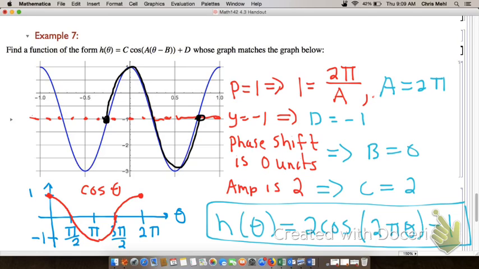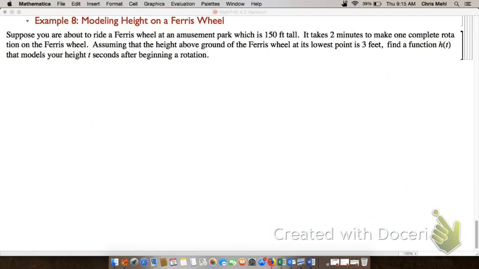Okay, so one more example of an application problem where we're going to model your height on a Ferris wheel as a function of time using a transformed sine or cosine function. Example 8, modeling height on a Ferris wheel. Suppose you're about to ride a Ferris wheel at an amusement park. The Ferris wheel from the bottom to the top is 150 feet tall.